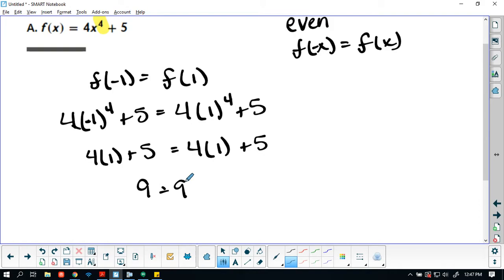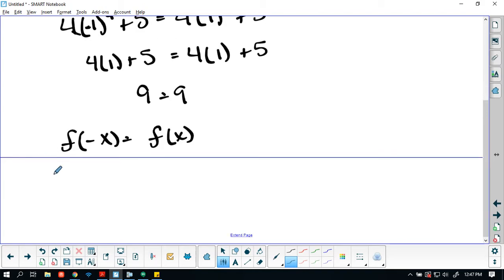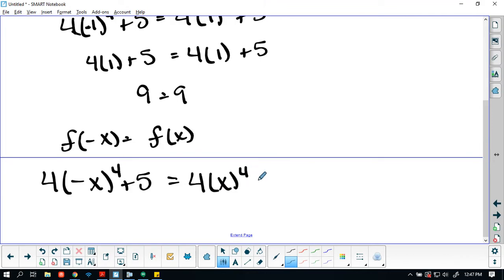I could test a second part, or what I can do is I could look at f of -x. Does this really equal f of x? And using that negative in my problem, so f of -x is 4 times -x to the 4th plus 5. Does this truly equal 4x to the 4th plus 5?